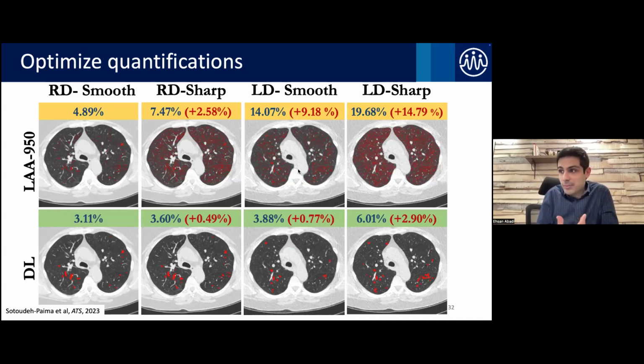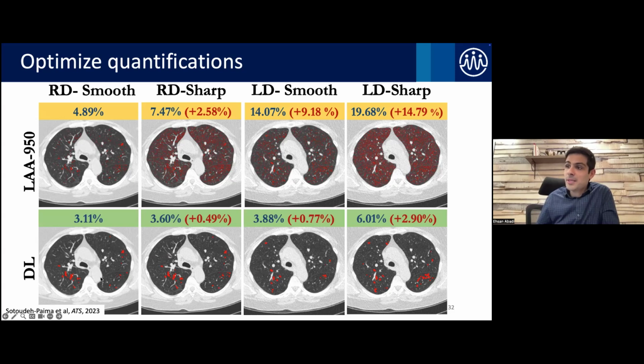And this is one of the results that we have here. This is our network trained on simulated data, and this is tested on clinical data from a COPDGene study. On top, you see the traditional quantifications, which are threshold-based and intensity-based. Different columns are different imaging conditions. This is the same patient, so ideally all of this should be the same segmentation everywhere, right? So you see how unreliable the emphysema measurement is on top when you do simple thresholding.